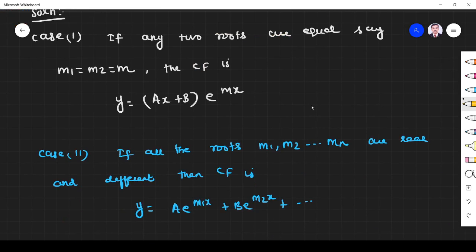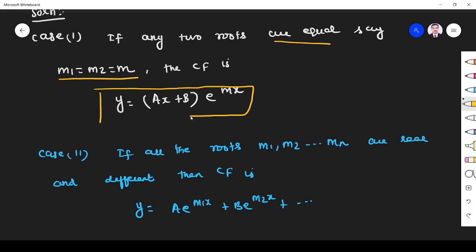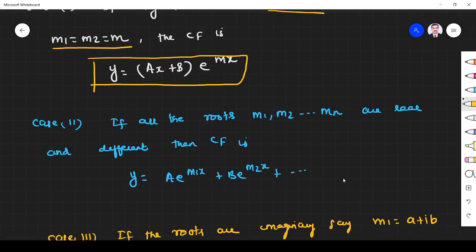Case 1: if two roots are equal, m1 is equal to m2 is equal to m, then the complementary function is y is equal to (ax plus b) into e^(mx).